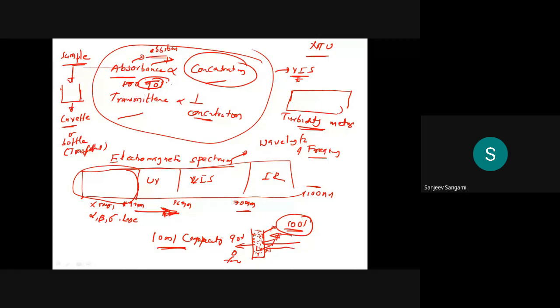It is measured in MAU, milli absorbance unit. So 90 milli absorbance units means that much concentration. 80 is a little bit lesser. So as the absorbance of the particles goes on increasing, the concentration or the turbidity also goes on increasing in terms of NTU.